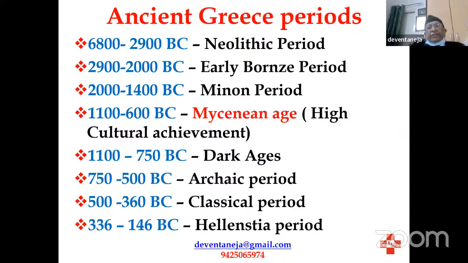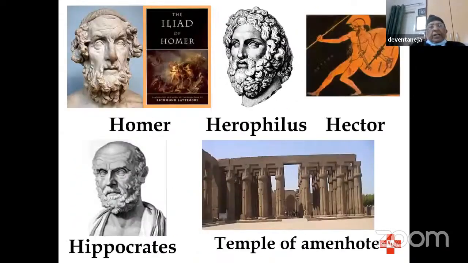You can see this from the Neolithic period to the classical period as we come nearer. So in the Greek period, there are many renowned people, philosophers and poets and physicians, and this was the famous temple of Amenhotep.